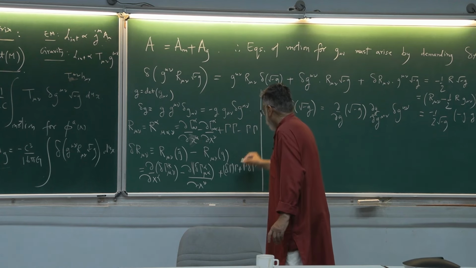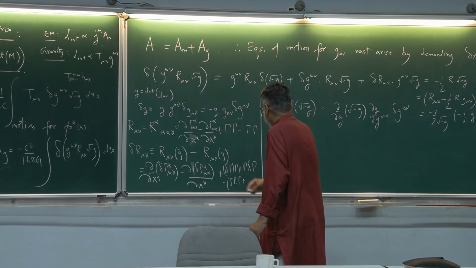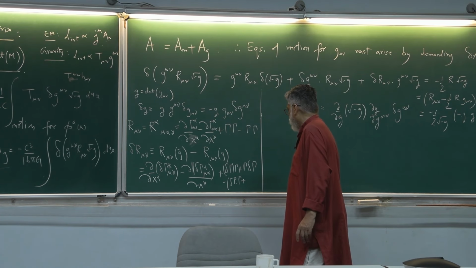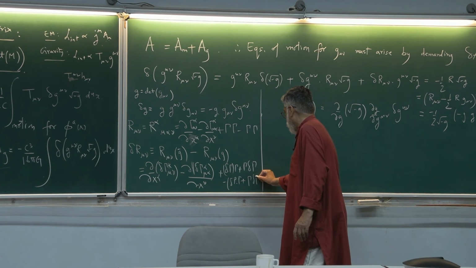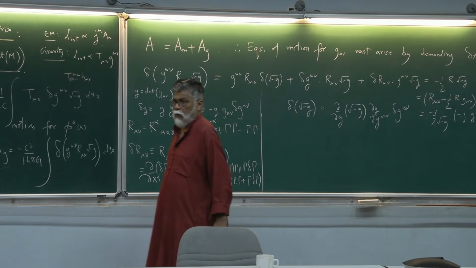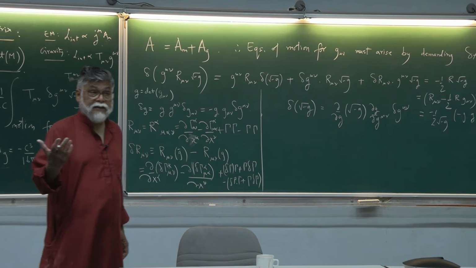Then there will be another term which is minus del gamma plus. I am not putting the indices here because you will see we will use the Landau-Lifshitz kind of argument. All right. Now, what is the Landau-Lifshitz argument?